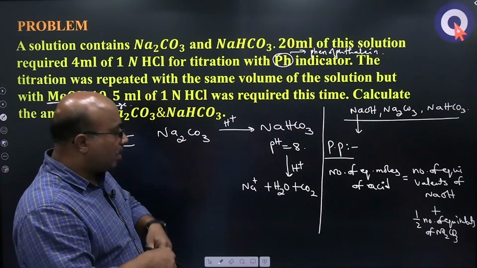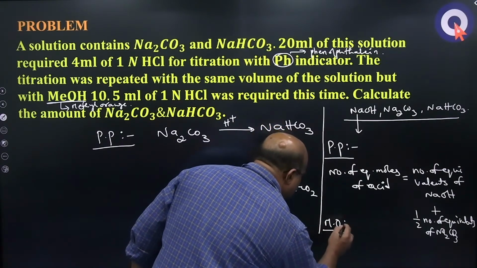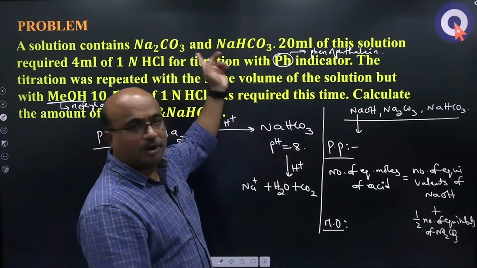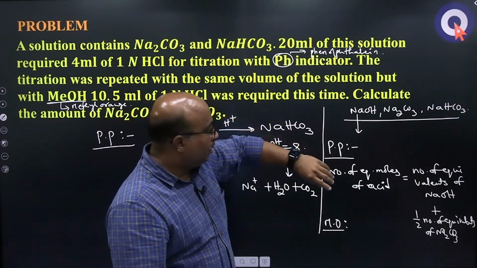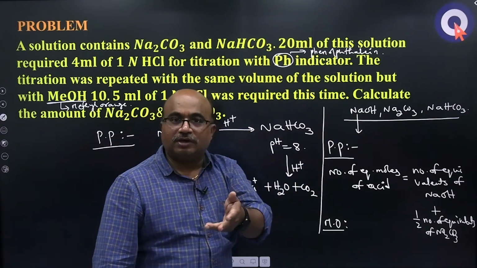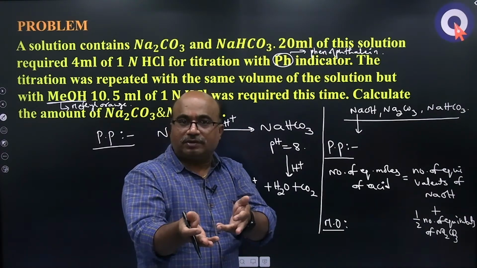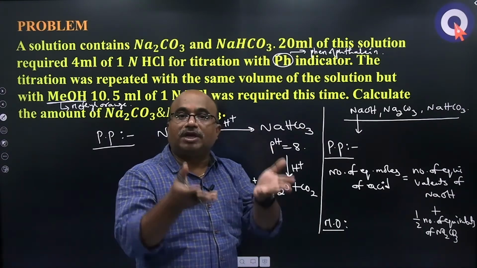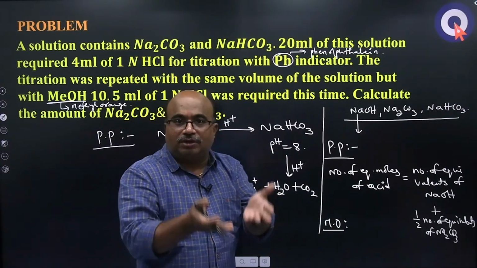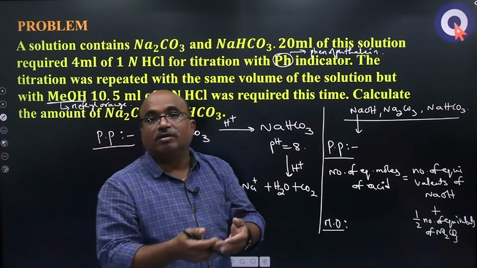So when you add phenolphthalein first and later add methyl orange, the sodium hydroxide is already completely neutralized. I will come to this problem later. When half of the Na2CO3 is already neutralized and you add methyl orange, the acid consumed is only used for the remaining half of the equivalents of Na2CO3 and the total equivalents of sodium bicarbonate.